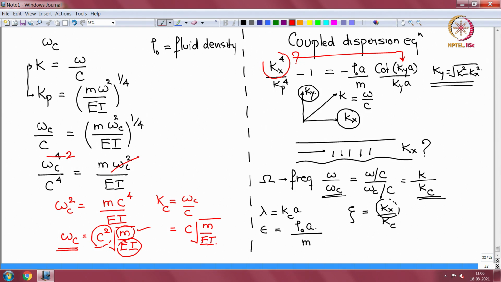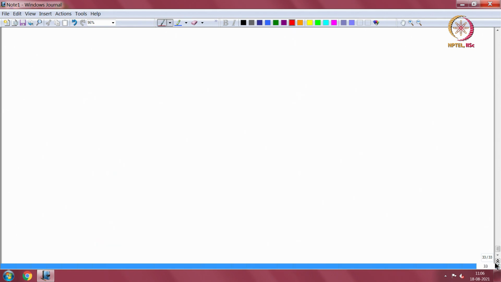Okay. So, if we use this non-dimensionalization, what do we get? We get kx to the fourth by kc to the fourth, divided by kp to the fourth by kc to the fourth minus 1, is equal to, I have rho a by m there, so it is straight away minus epsilon, then cot.